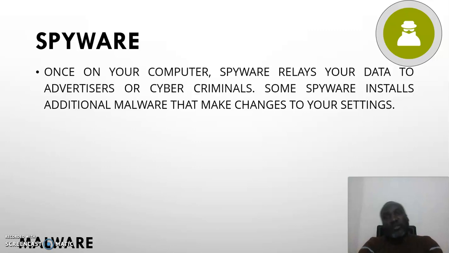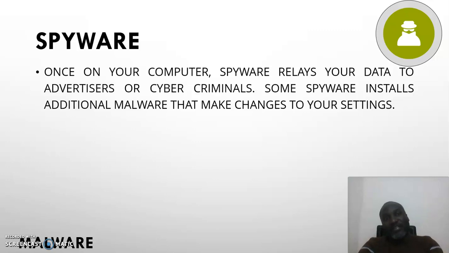Now, once on your computer, the spyware will relay your data to advertisers or cyber criminals. Some spyware will install additional malware that makes changes to your settings. So it is simply put on a computer to watch what you're doing. It may present you with advertising pictures, and of course you'll be persuaded to click on them.